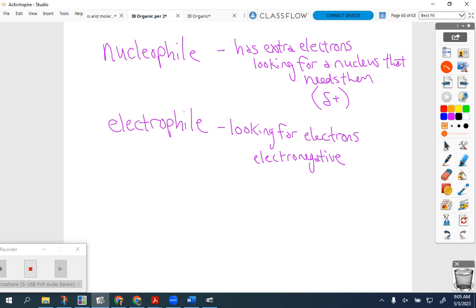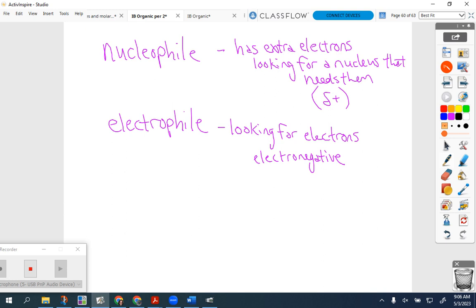These two are going to find each other on Tinder and have a beautiful relationship. But the nucleophile is looking for somebody who has a partial positive charge to attack and get together with. The electrophile is looking for somebody who has extra electrons, or is looking to join up with something and kind of pull the electrons towards itself.